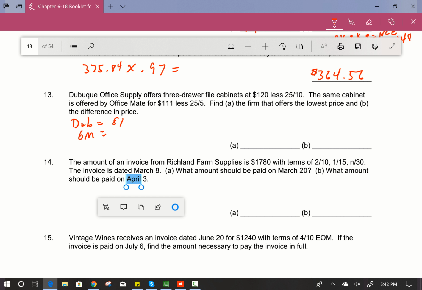I'm going to take 111 times the complement of 25, which is 0.75, times the complement of 5, which is 0.95, and that equals $79.09.